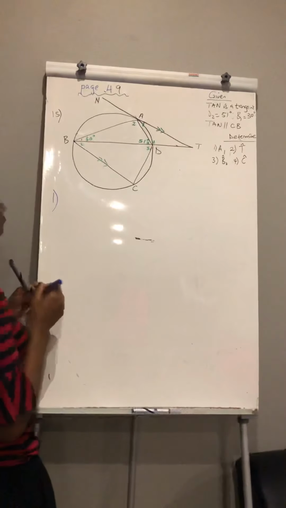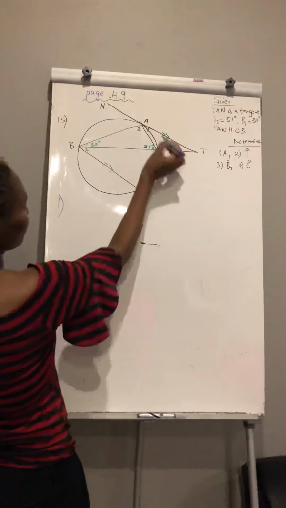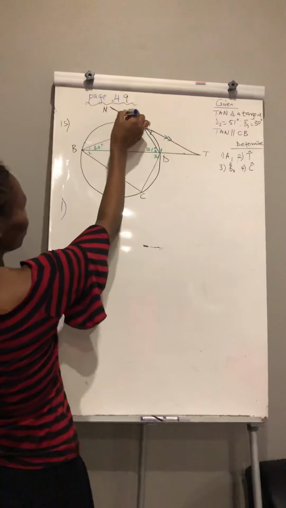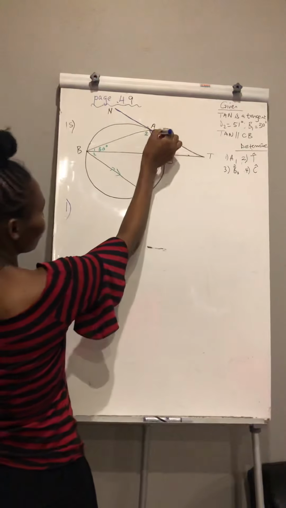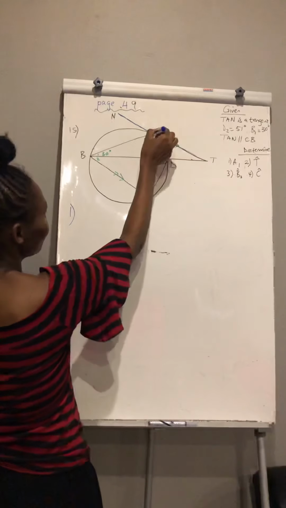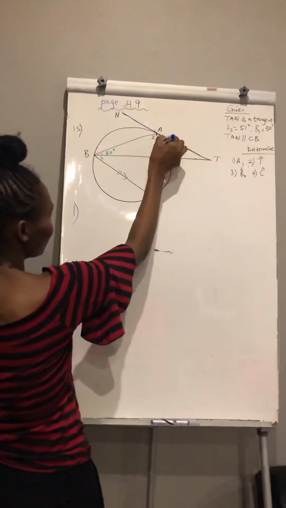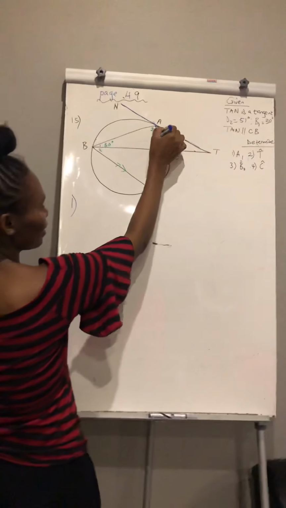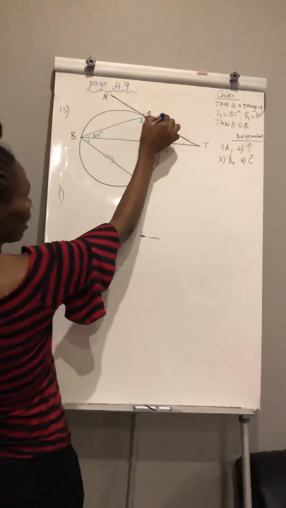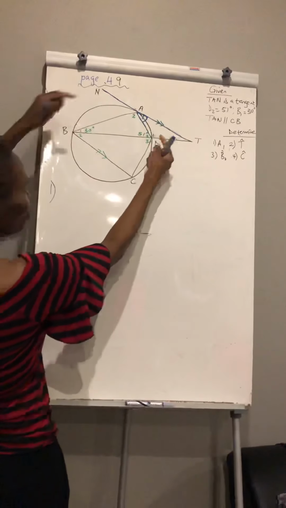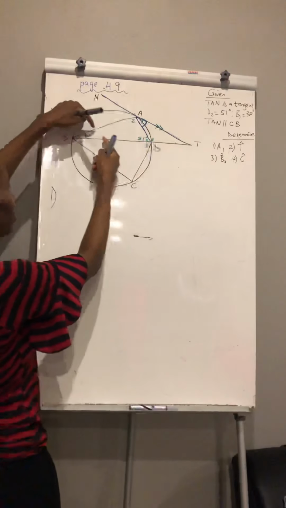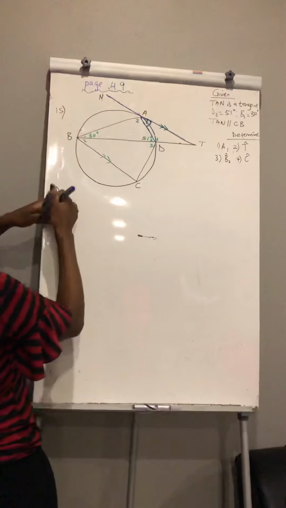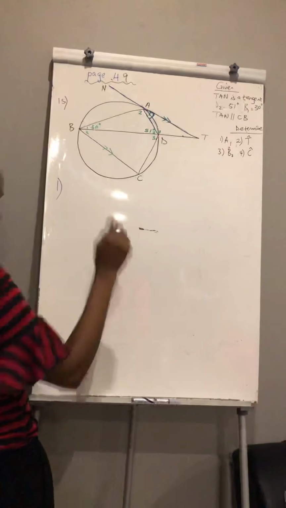Right, for A1, let me emphasize the fact that we still have a tangent, this tangent, and there is this chord right there. So the angle we want happens to be at an angle between a tangent and chord AD. So you hold chord AD and you go with it to the circumference. As you can see, there is a 30-degree angle there.